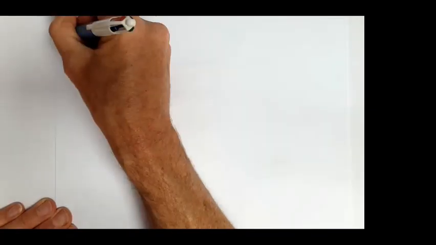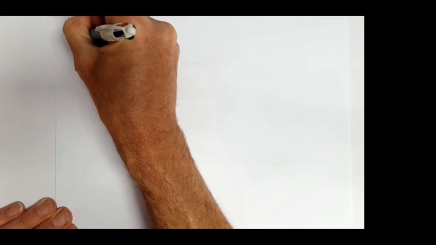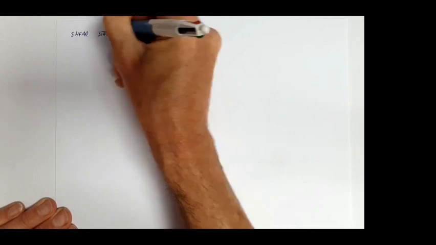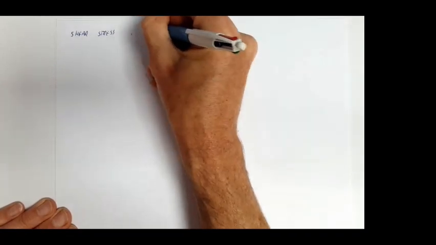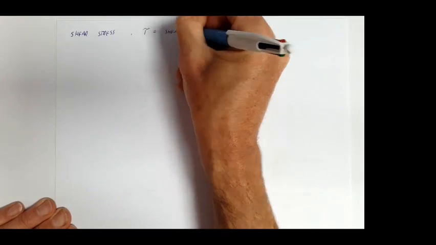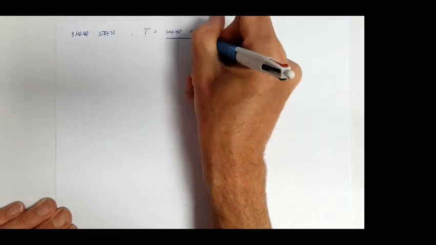Well, viscosity is, like I say, talking about the resistance to shear of a fluid, or resisting a shearing stress. So if we remind ourselves, shear stress equals shear force over the shear area.